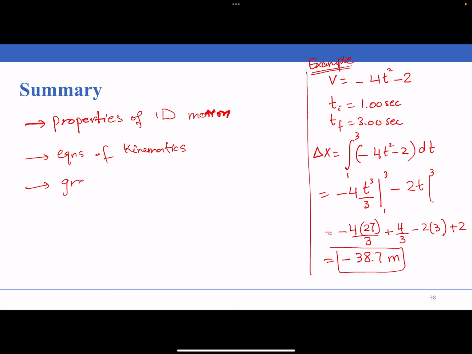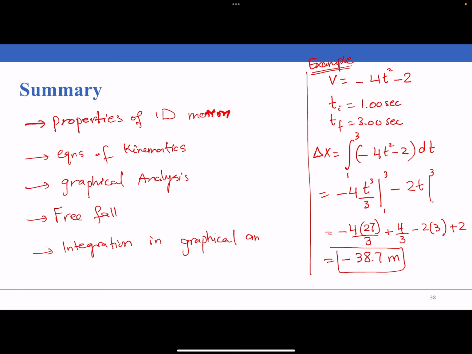We talked about graphical analysis, and we looked at free fall motion and how to use integration in graphical analysis. So basically, how do you get displacement from a velocity function, or how do you get velocity from an acceleration function? So that is the end of chapter 2.